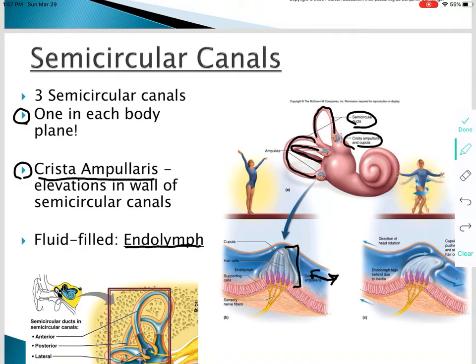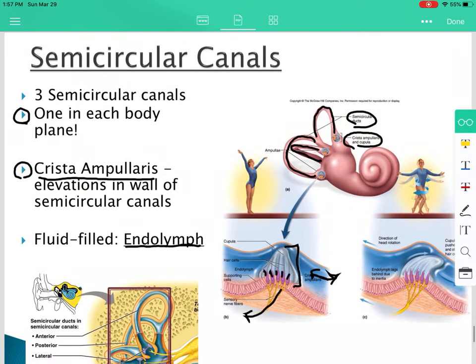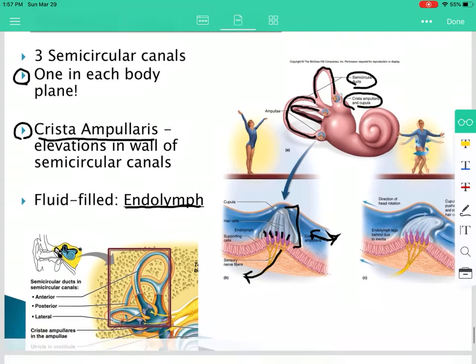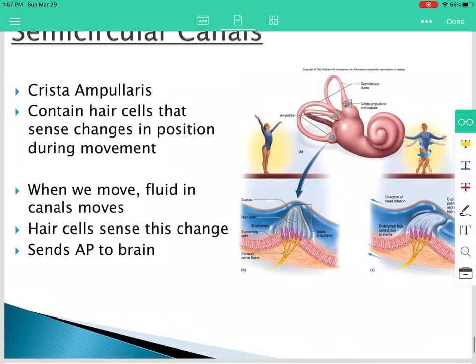Check it out. We've got some fluid flowing around. As you move, guess what? The fluid moves. And as the fluid moves, it moves these hair cells, which of course means that the cells underneath can send nerve impulses to the brain about the movement. So we notice a trend here. We're utilizing hair cells in either fluid or otoliths.